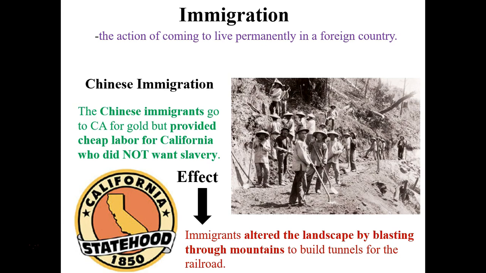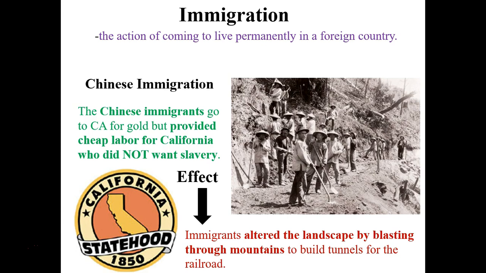But they ended up working on the railroad as well and provided a nice, cheap alternative to getting slaves in California. So when California became a state, they did not want slavery to be in California. So what they did was they were able to get that labor force very cheaply from the Chinese immigrants that moved into the United States.